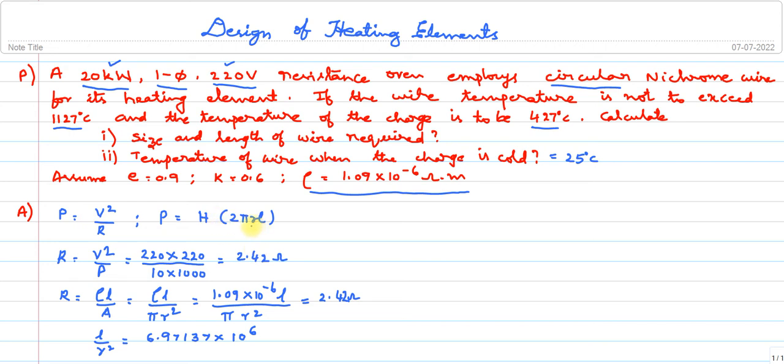Now we will try to identify r L from the second power equation. To identify this r L from the second power equation, we need to find capital H first. Then we need to solve this problem. So let me go ahead with the capital H, heat required.